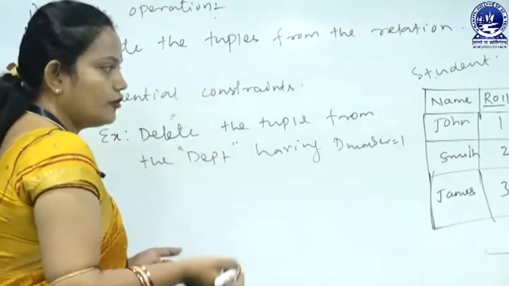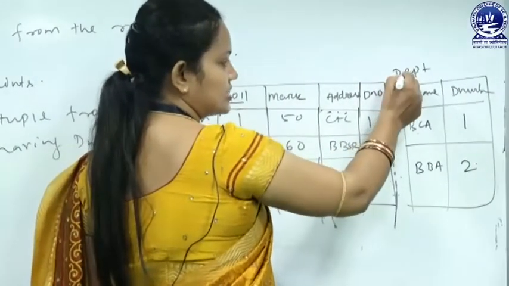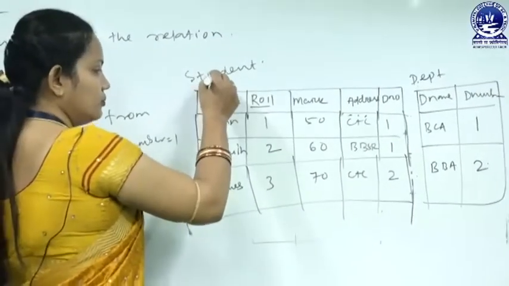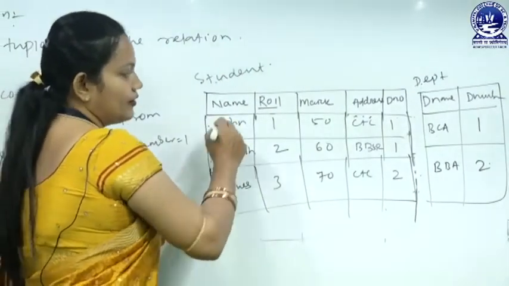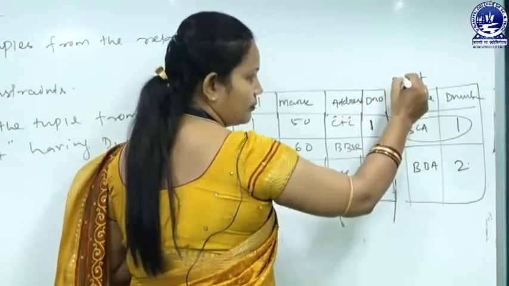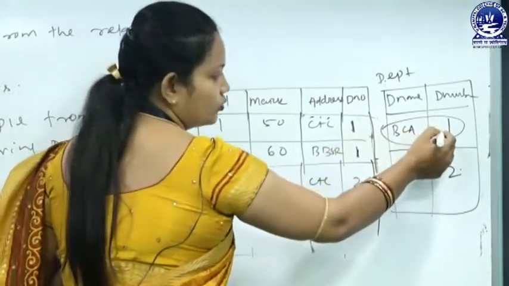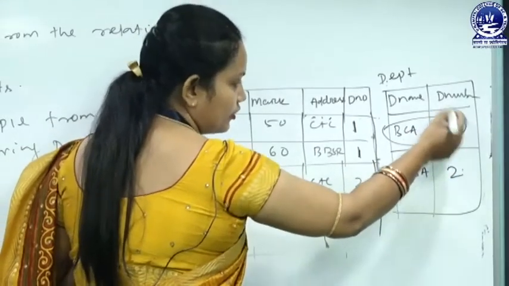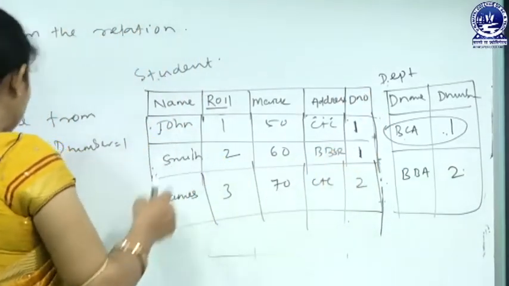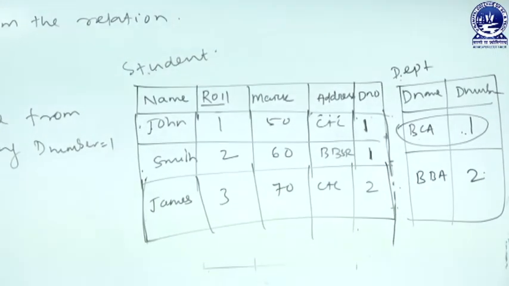If I delete department number 1 from the department relation, then it will violate the referential integrity constraint, because in the student table there is a student tuple having department number 1. So, if I delete this one from the department table, then this will violate the referential integrity, because the department number value refers to the student table attribute D number. So, in this way the delete operation may violate the referential integrity constraint.